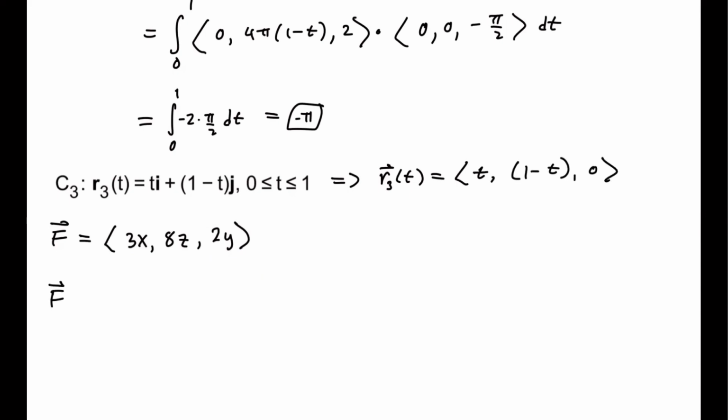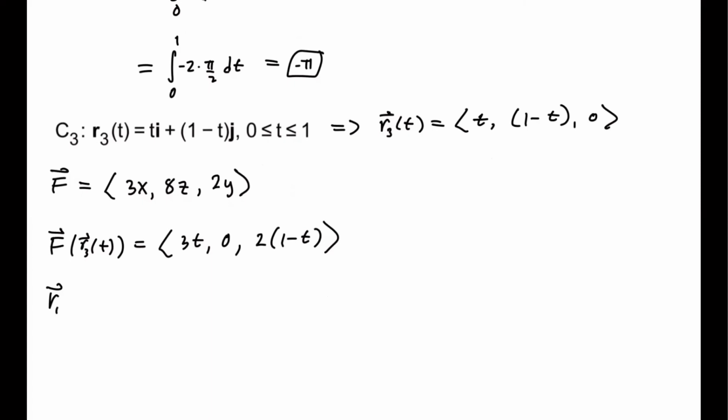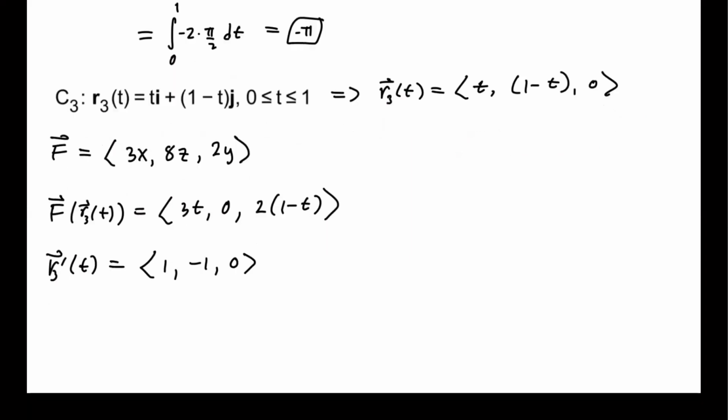So f at R3 of t is, plugging in t for x, 3t; z is 0, so 8 times 0 is 0; and 2 times y, that's 2 times 1 minus t. And then we need the derivative of R3 of t with respect to t, that would be 1, negative 1, and 0.